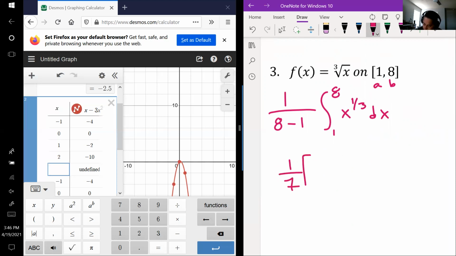And once again, we're ready for the antiderivative. x to the 1/3 gets power rule. So you'll get x to the 1/3 plus 1 over 1/3 plus 1, evaluated from 1 to 8.